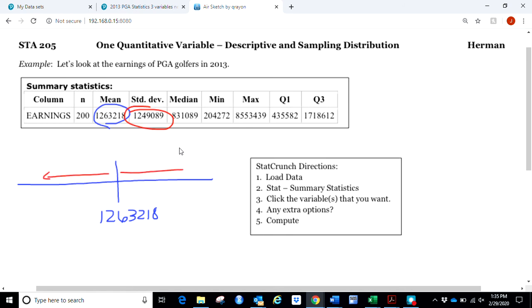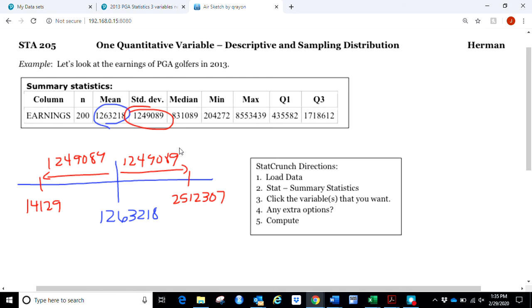And so I'm just going to go out that distance in both directions. When I do that math, I subtract off to the left, and I get $14,129. When I add it on the right-hand side, I get $2,512,307.